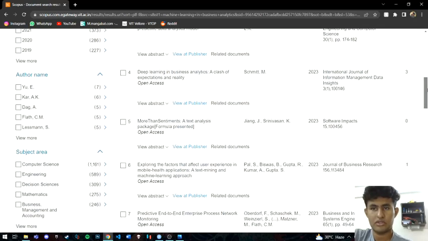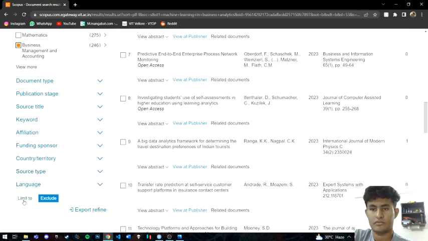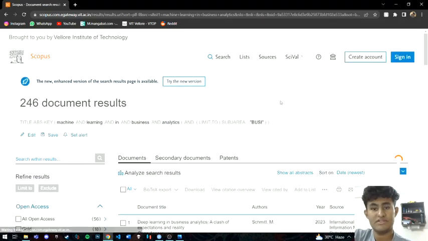For this, we go in the filters and choose the subject area as business management and accounting. This results in 246 documents that will be chosen for our bibliometric analysis.